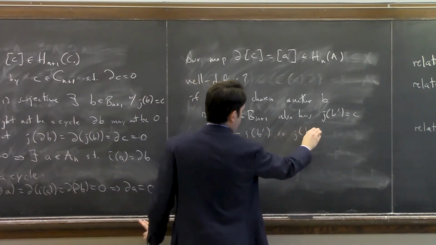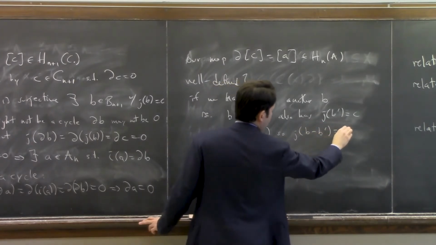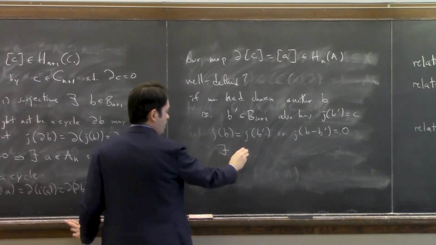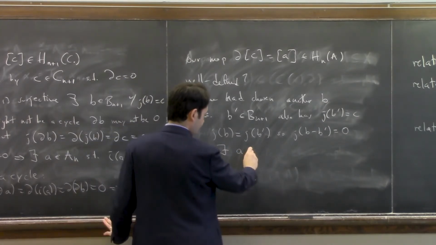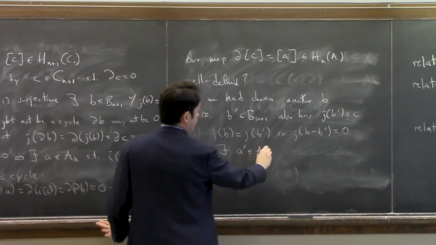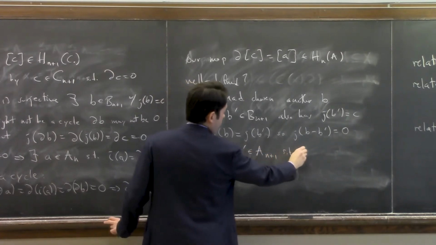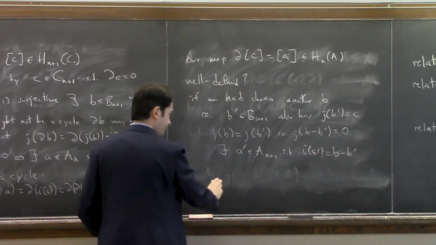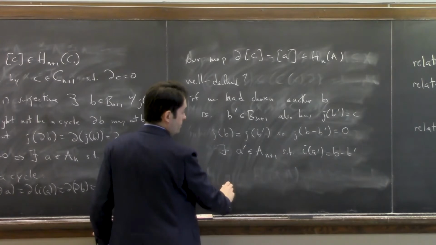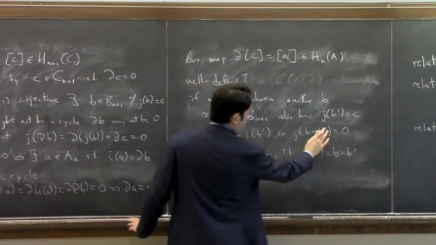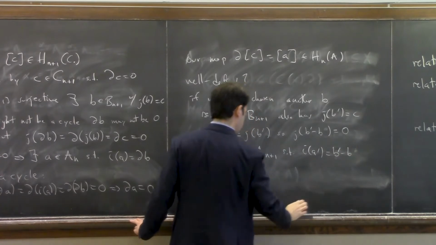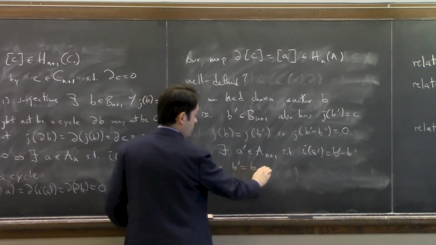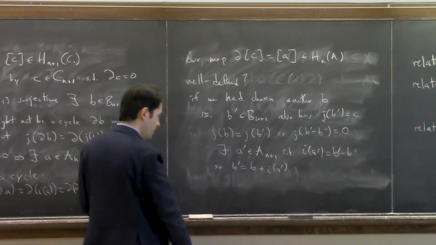So J of B minus B prime is equal to 0. So by exactness, there exists an A prime in A n plus 1 such that I of A prime is equal to B minus B prime. Let me just change the sign. B prime minus B. So B prime is equal to B plus I of A prime.